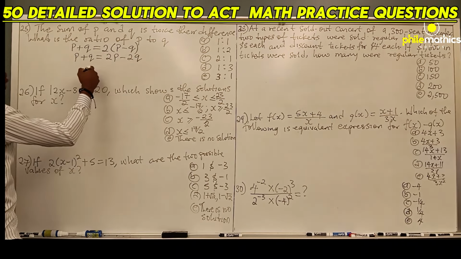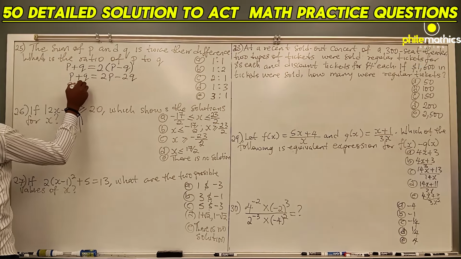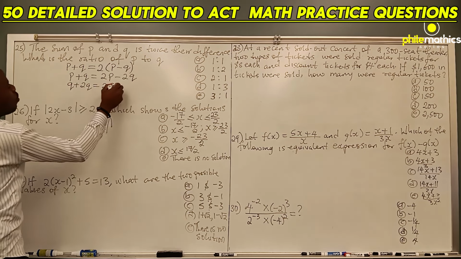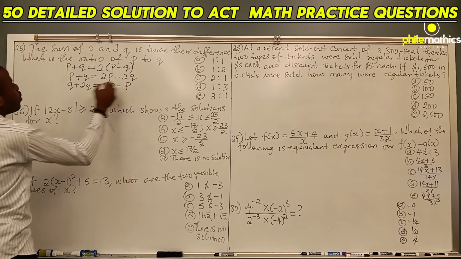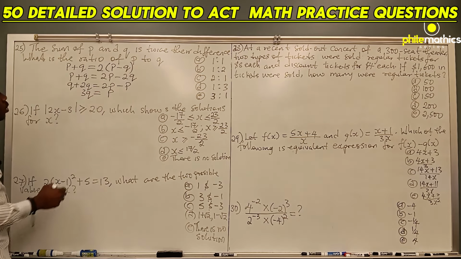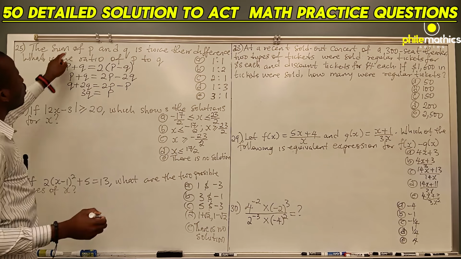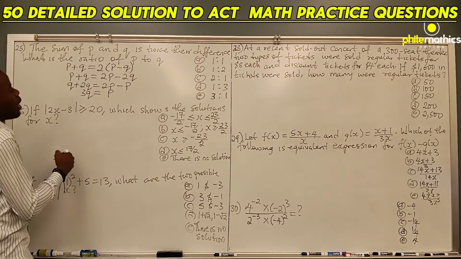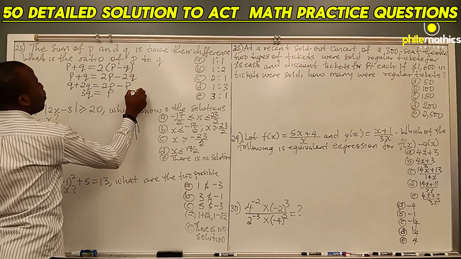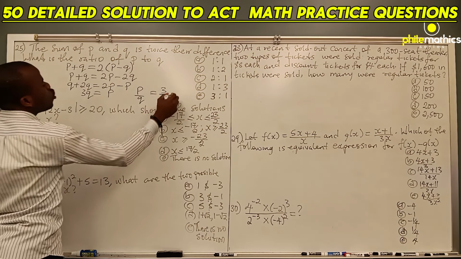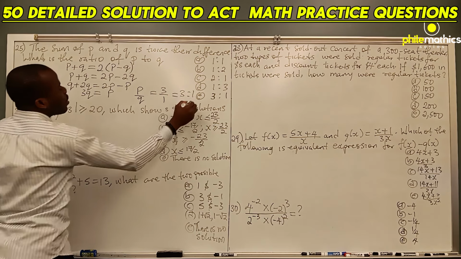Add 2Q to both sides. Q plus 2Q equals 2P. Subtract P from both sides. This is 3Q equals P. We are looking for the ratio of P to Q. If I divide both sides by Q, I will have P over Q equals 3 over 1. So the ratio will be 3:1, which is E.